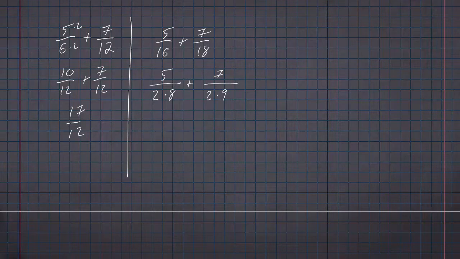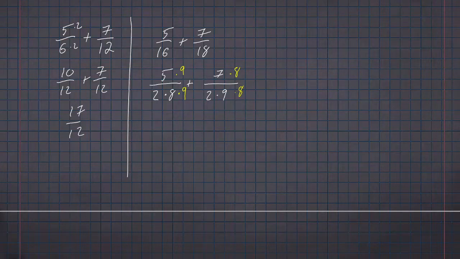By noticing that, I can claim right away that if I multiply this first fraction top and bottom by 9, and this second fraction top and bottom by 8, notice the denominators. 2 times 8 times 9, 2 times 9 times 8. The commutative property of multiplication says we don't care what order we put that multiplication in as long as it's all there.